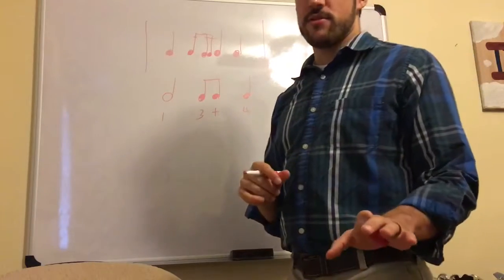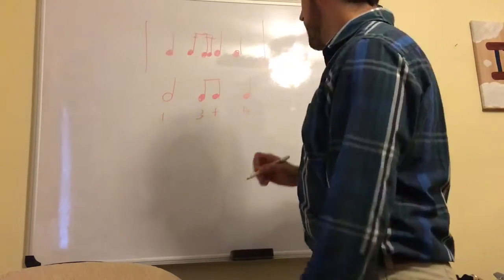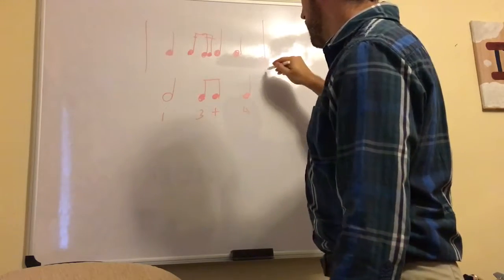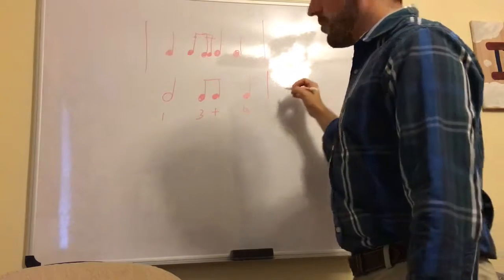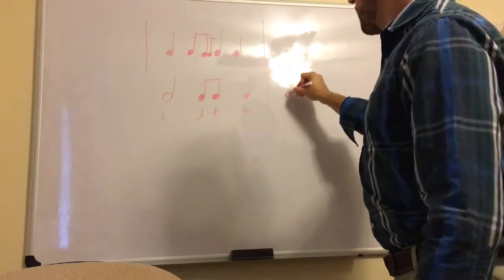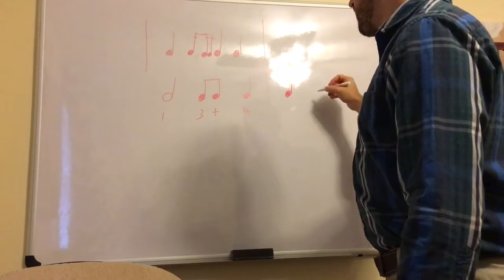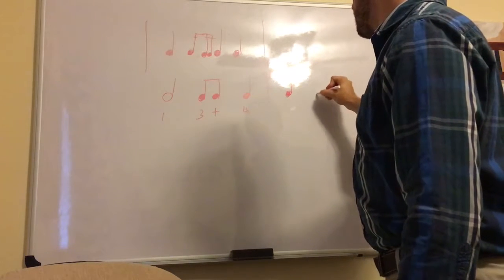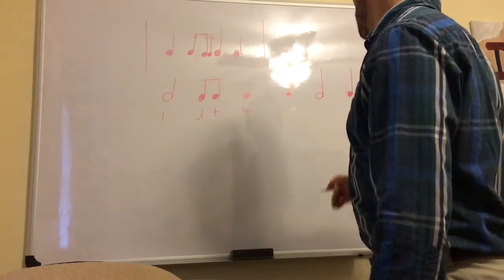Now sometimes we'll have a hold, or a tie, going into another note. Let's say it goes into the next measure. So we'll continue on here, and throw in another quarter note there, and just to speed things along, here's a half note and then another quarter note.